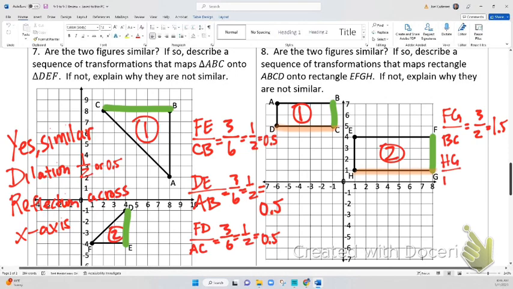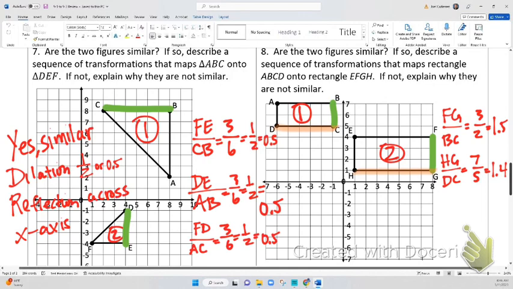Compare that to DC. From H to G, that is a 7. From D to C, that is a 5. And 7 divided by 5 gives us a 1.4. Okay? Now, if you notice, look at my scale factors, right? The first one was a 1.5. This is a 1.4. Are those scale factors the same?